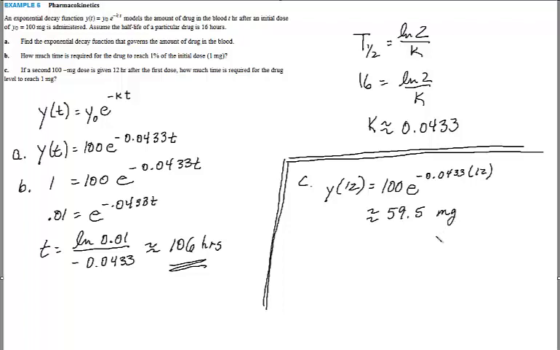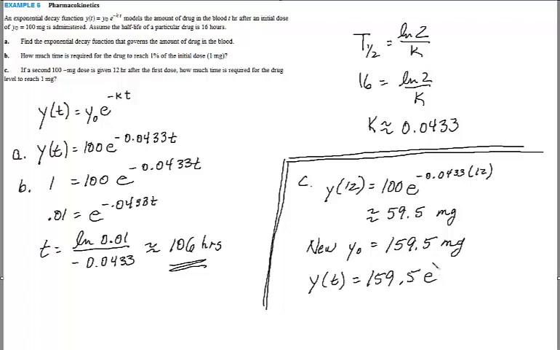Okay, so right now I get an injection, or he does, of 100 milligrams. So now in the blood, my new y naught is going to be 159.5 milligrams because I now have been given a shot in addition to that.